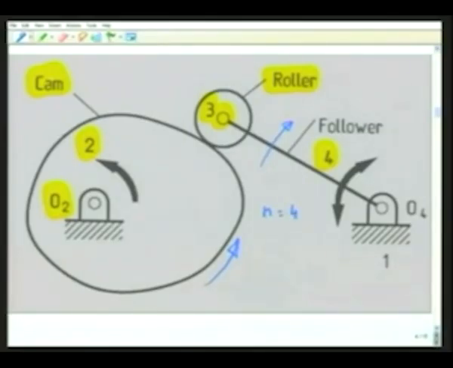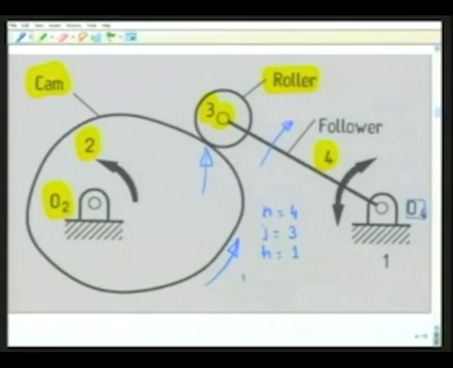There are 3 revolute pairs, one between 1 and 2, one between 1 and 4 at O4, and one between 3 and 4 at the roller center. So J is 3. Now there is a higher pair between link number 2 and 3 at this point, so H is 1.